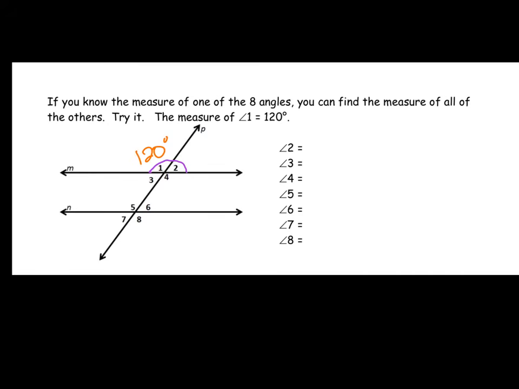So that would make angle 2 60 degrees. All right, angle 3 is vertical to angle 2. Remember that they're across from each other. So angle 3 is also going to be 60. And then angle 4 is vertical to angle 1. So that would be 120 degrees.